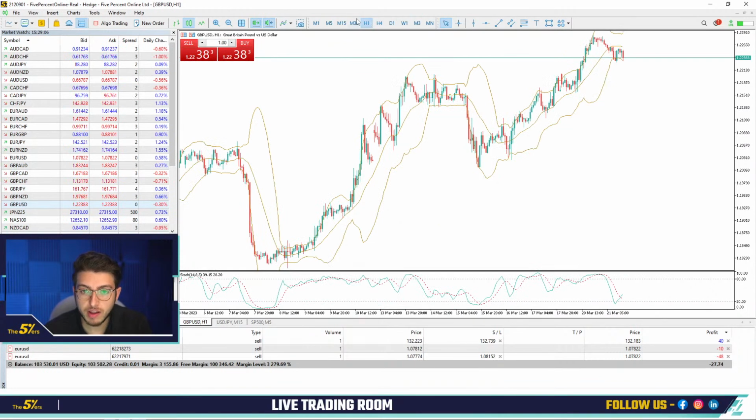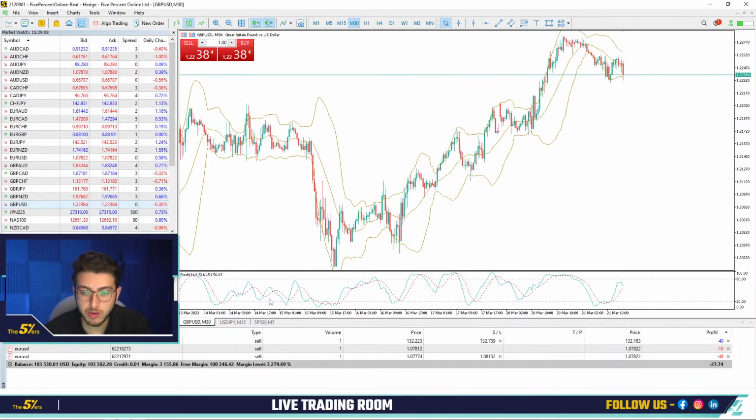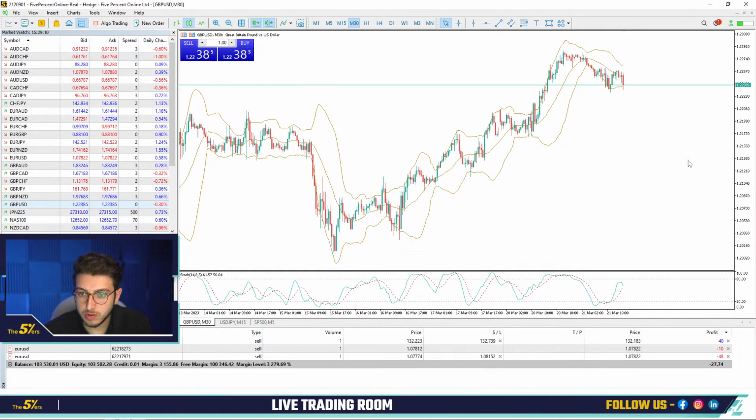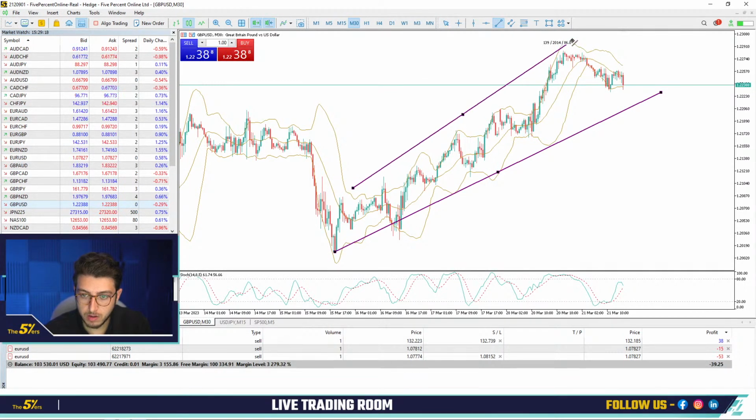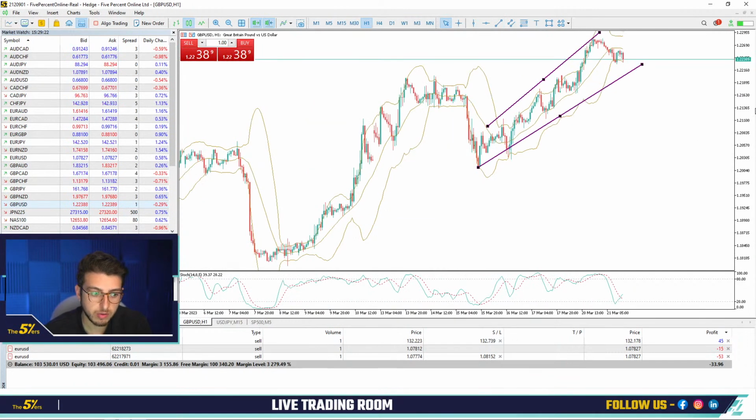Interesting. Why did the pound USD just go down, but the Euro USD did not? Here, again, you see this on the 30-minute chart, this uptrend. We cannot connect the top, but we don't care. We see clearly that it's an uptrend in the 30 minutes.